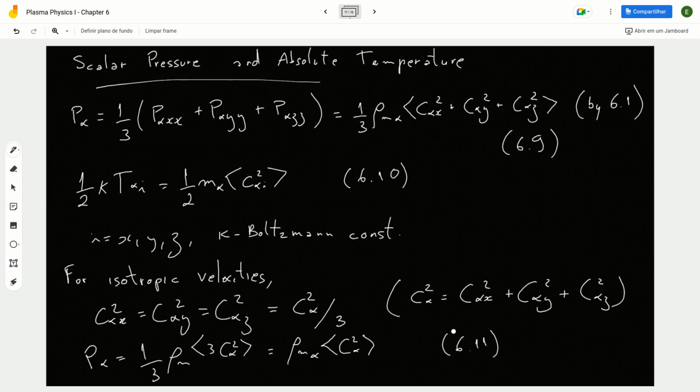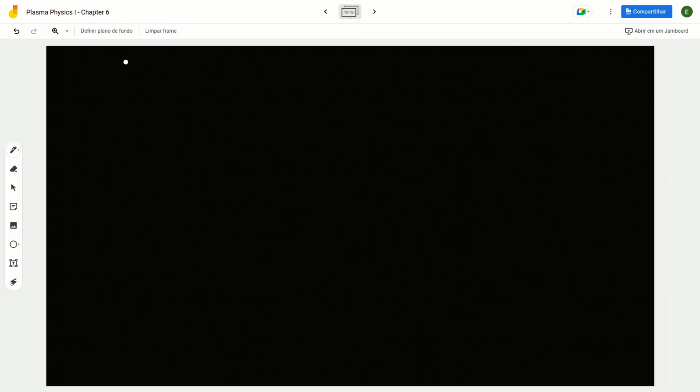Now, if we use 6.11 into 6.10, let's rewrite this in terms of temperature, in terms of pressure. What is the relation?